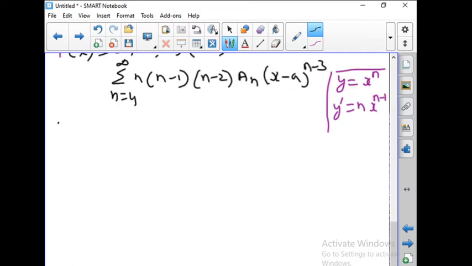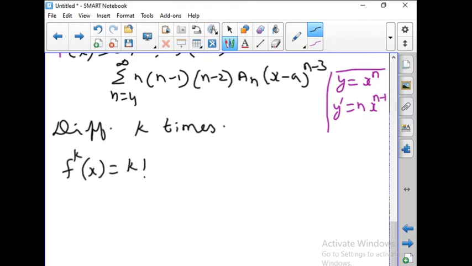So differentiating like this, இது 3 times differentiate பண்ணிருக்கிறோம். So differentiating k times, differentiate பண்றோம்னு வச்சுக்க, அப்போ what you will get? f raised to k of x is equal to k factorial ak plus sigma n is equal to k plus 1 to infinity.